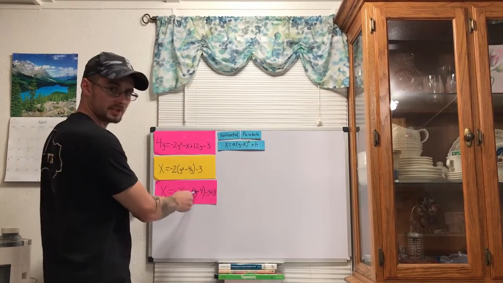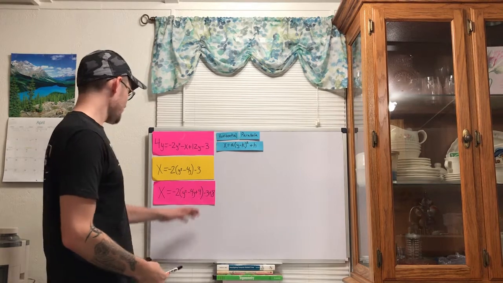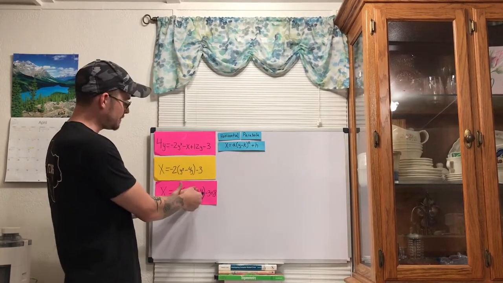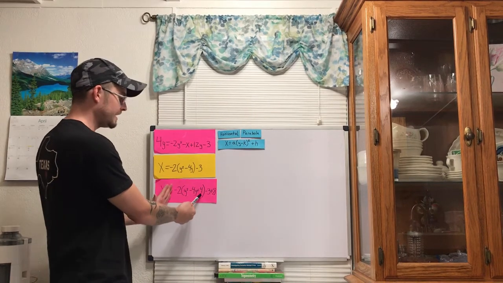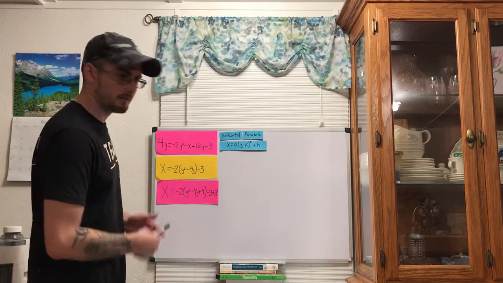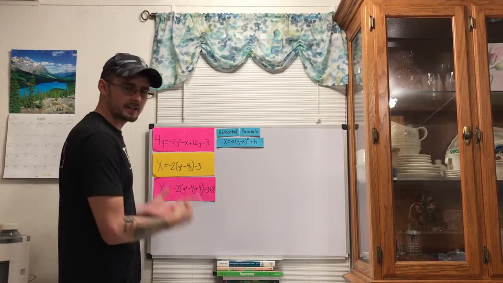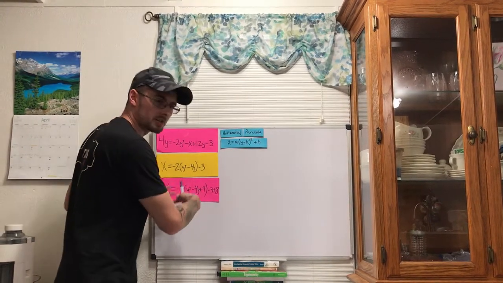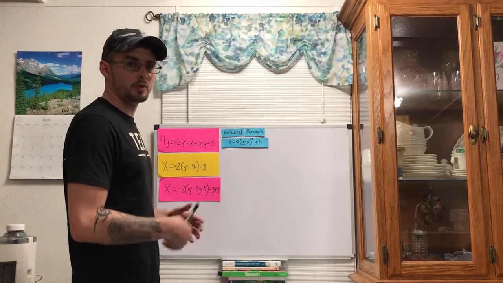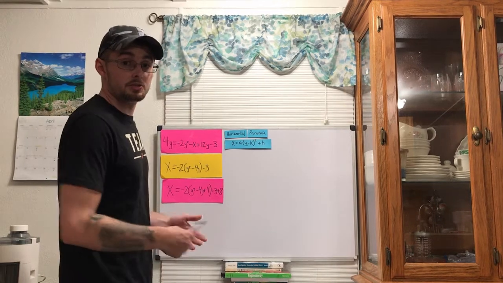Right here in parentheses, we have a perfect square trinomial. And we have to remember that that positive 4 that I put in here is technically a negative 8, because positive 4 times negative 2 is negative 8. So we've subtracted 8 from this equation. We need to also add 8 right here, so that we don't change the value of the overall equation, or else it wouldn't be a true statement.